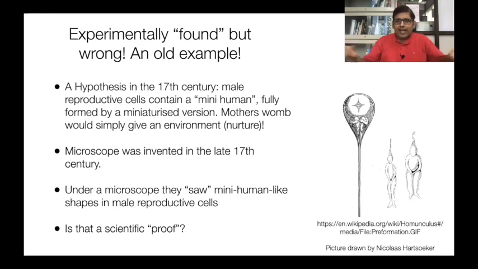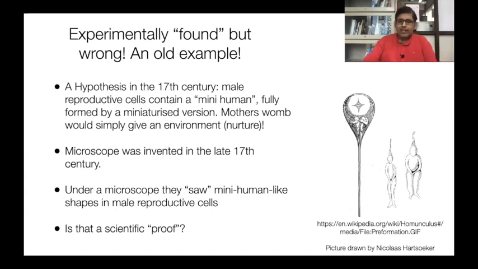That's the claim, at least, right? What you see on the right-hand side is a picture drawn by Nicolaas Hartsoeker, the person who actually invented the microscope. They claimed that they saw a human figure inside the sperm. That's the claim, right? So would you consider it experimentally proven?